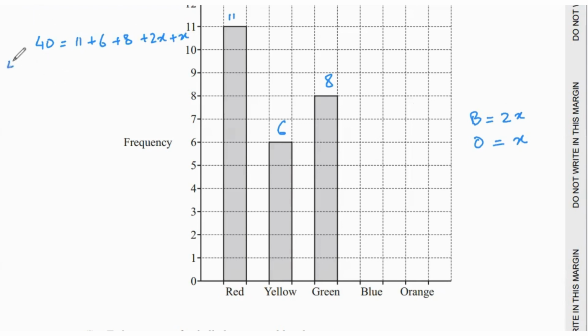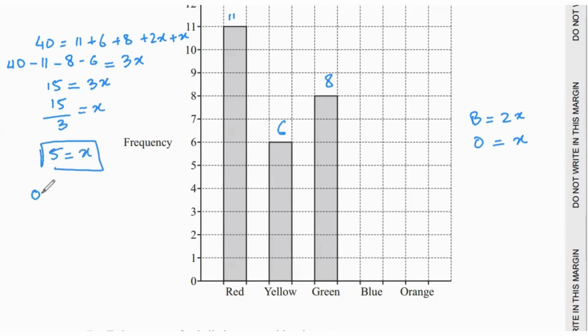So that's going to be 40 minus 11 minus 8 minus 6 equals 3x, which is 15. Then 15 divided by 3 equals 5 for x. So orange is 5 and blue is 10.